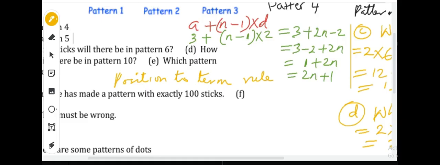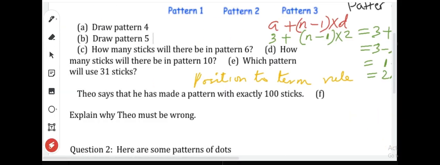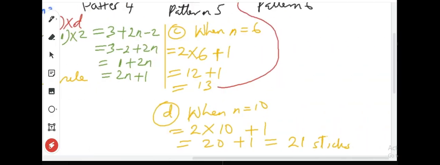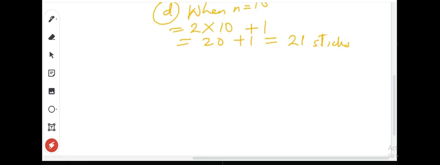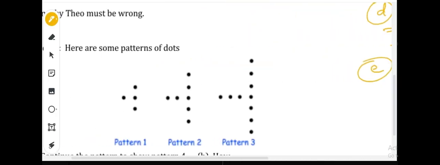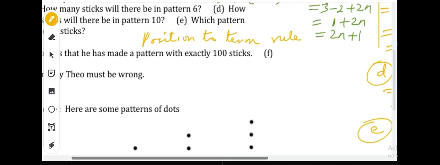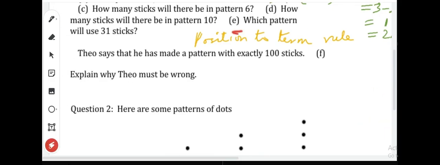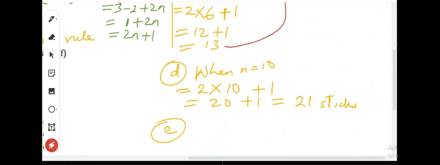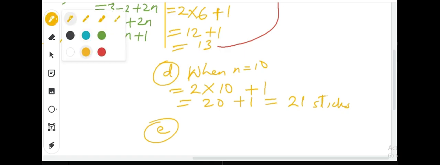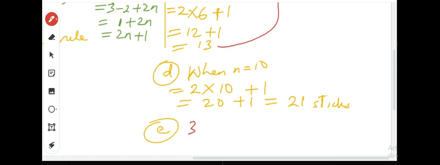Then it says, E. Which pattern will use 31 sticks? So it means the answer is already 31. We simply say 31 is equal to the formula. Remember, the formula is 2n plus 1.